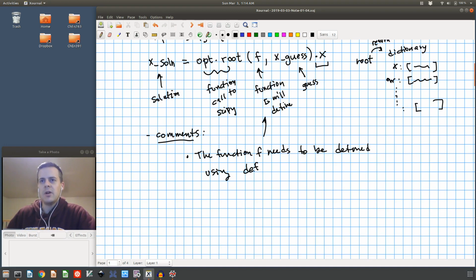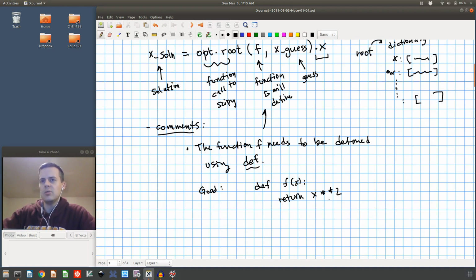It needs to be defined as a function. So an array won't work. A good example here would be def f of x colon and then return x squared.